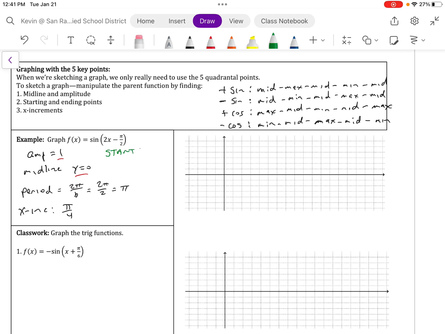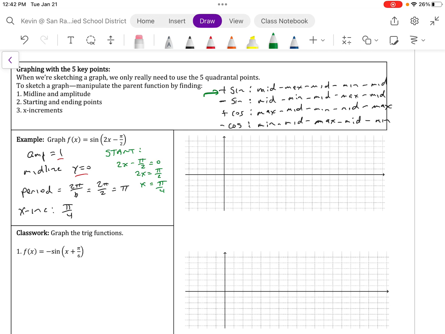Okay, so now all we need is our start and stop. So green for start. We're going to take 2x minus pi over 2 equals 0. 2x equals pi over 2, x equals pi over 4. So that's where it's going to start.